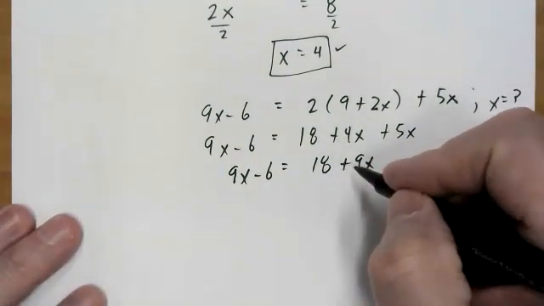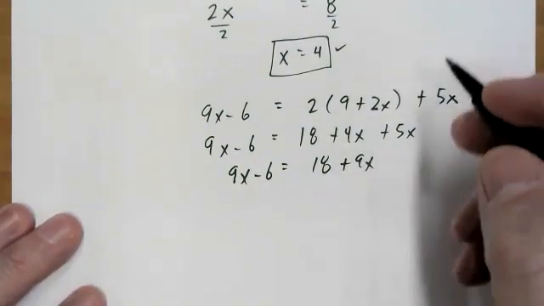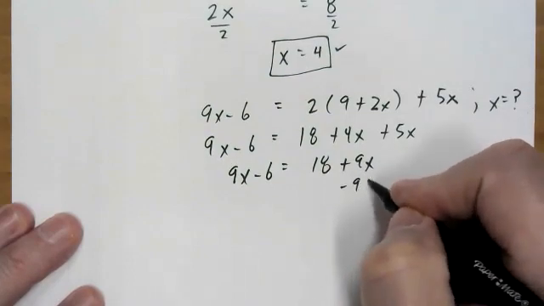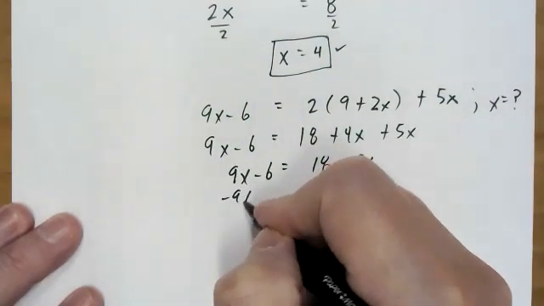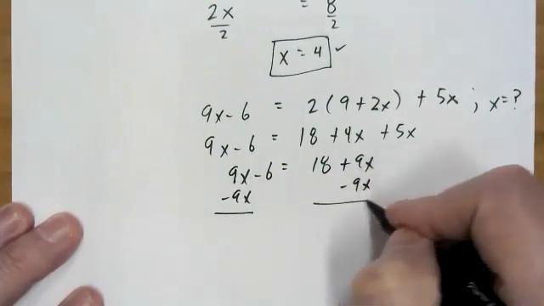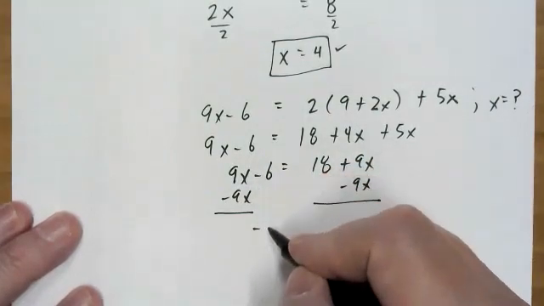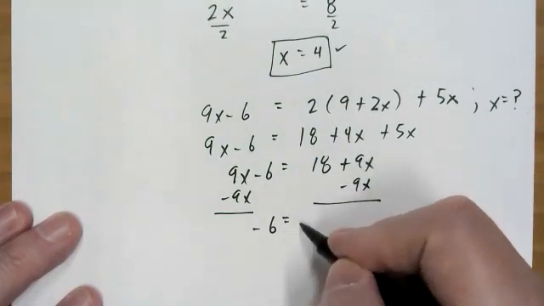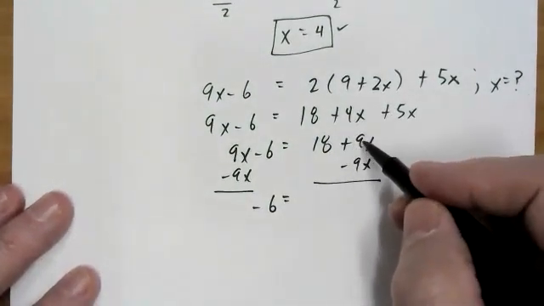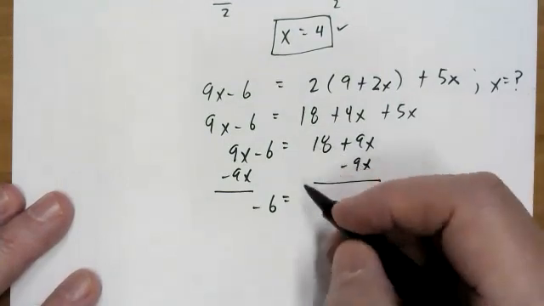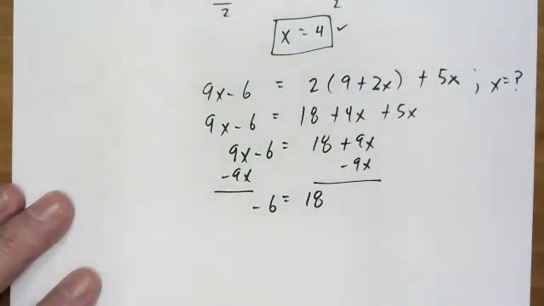So if I subtract 9x from both sides, let me just go ahead and show you this so you see what happens. So it's very obvious. So over here, 9x minus 9x, I'm left with negative 6. Then over here, 9x minus 9x, I'm left with 18.